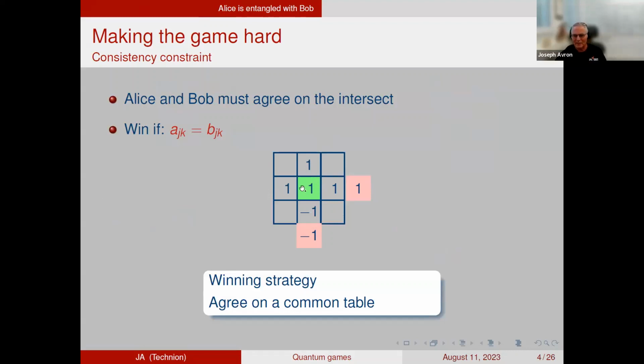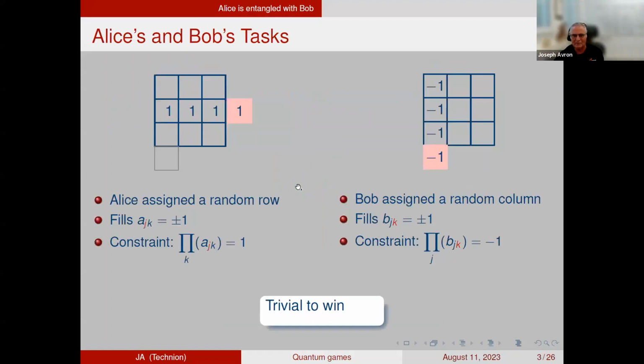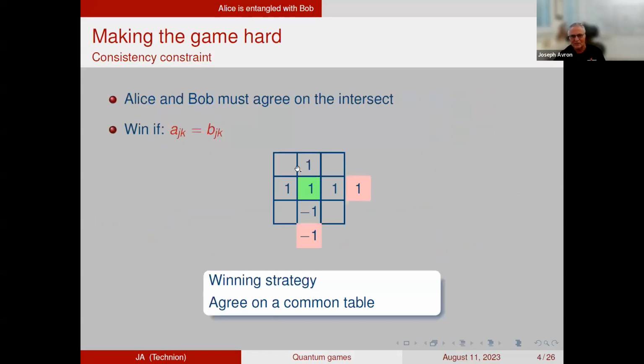Alice and Bob will win the game if they satisfy the constraint in the previous transparency, so that the product of the entries in a row is +1 for Alice and -1 for Bob. But there is now an additional constraint that the row of Alice and the column of Bob intersect in a square, which here is shown in green.